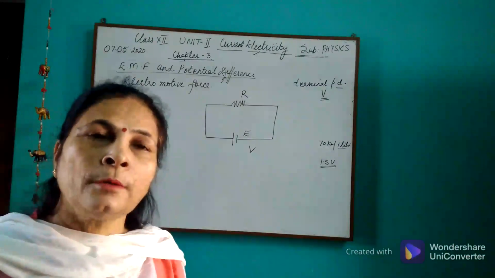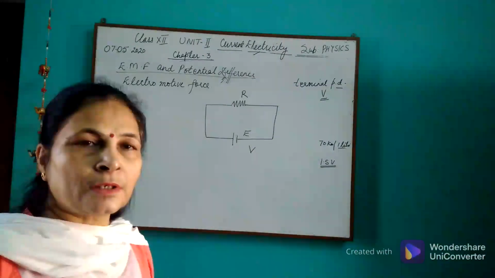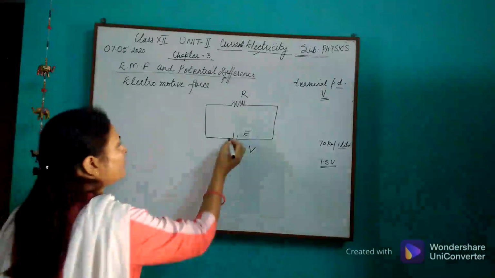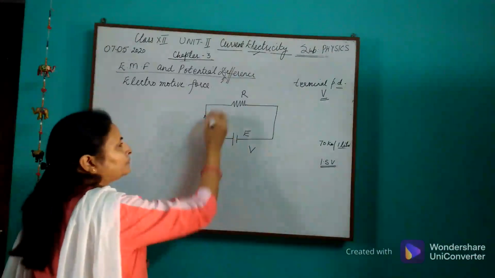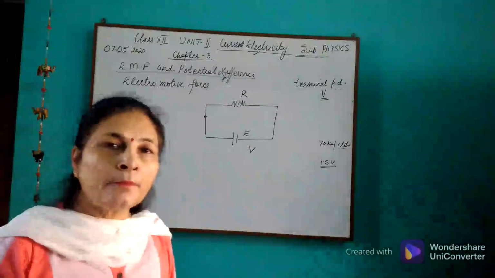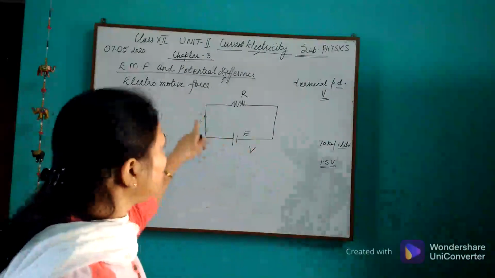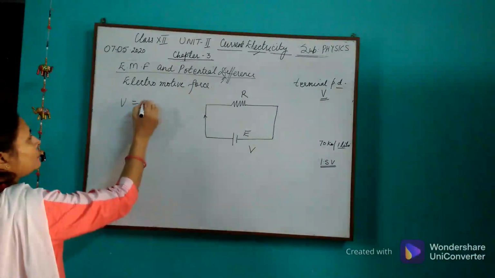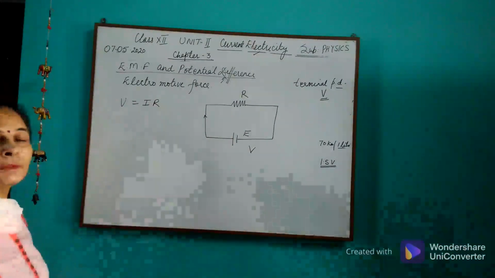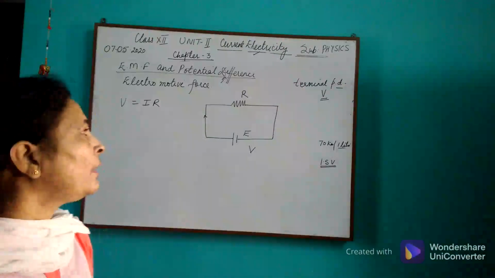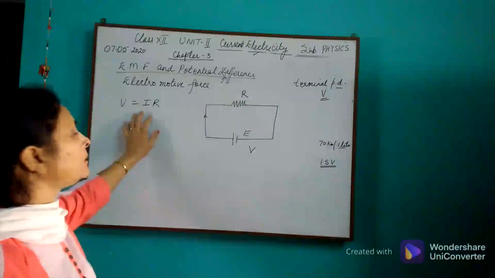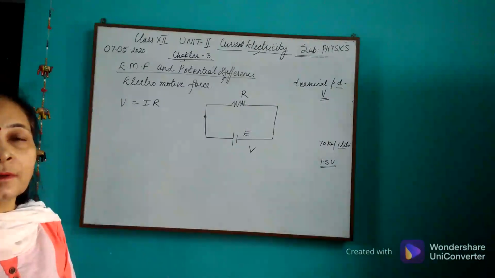Electrons will move from the negative terminal to the positive terminal, and by convention the current will flow from the positive terminal to the negative terminal. Now during this calculation, when we say V equals IR, we are involving only this external resistance in our expression.